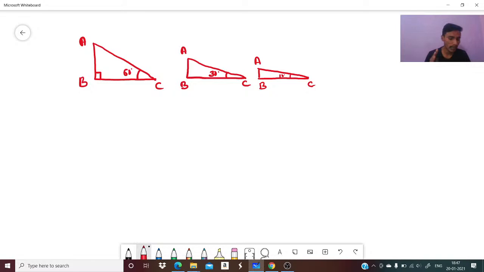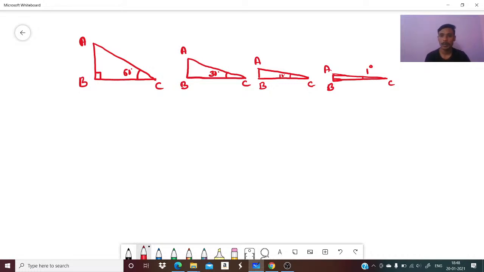Then I'm again reducing my angle, and suppose now this is my AC and this is my hypotenuse. So this is my A, that is my B and that is my C, where now this angle is something like 1 degree.